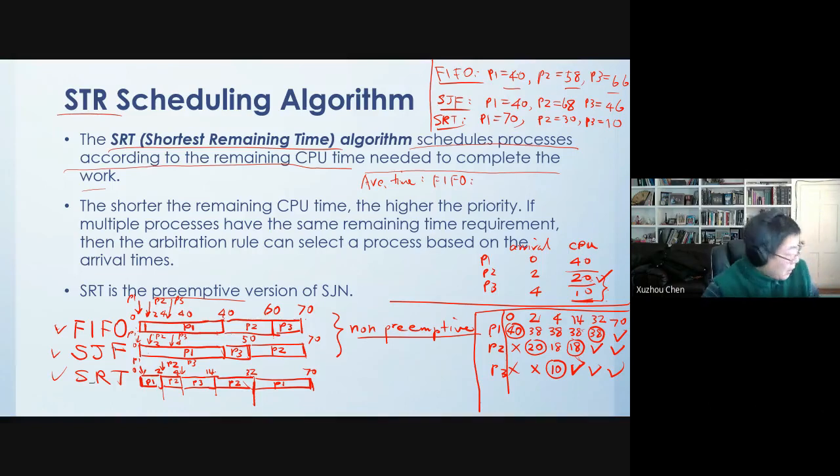Okay, I need a calculator. Okay, I found a calculator now.